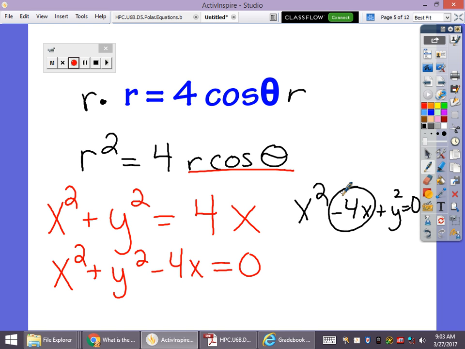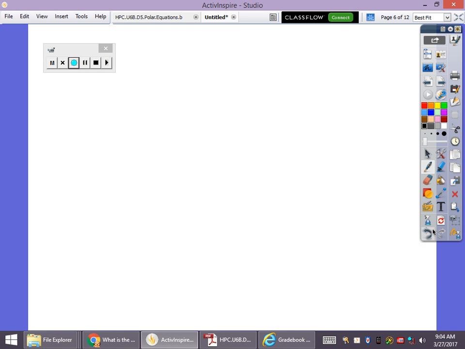The last class informed me that this is still in Algebra 2. I know it was taught in Algebra 1. You ready? This is where it gets really tricky. So we have x squared minus 4x, and we have a y squared, and we have equals 0.